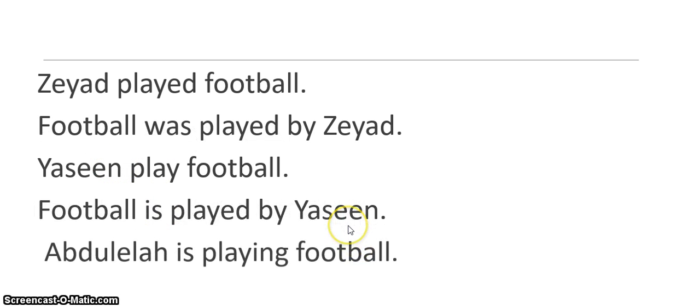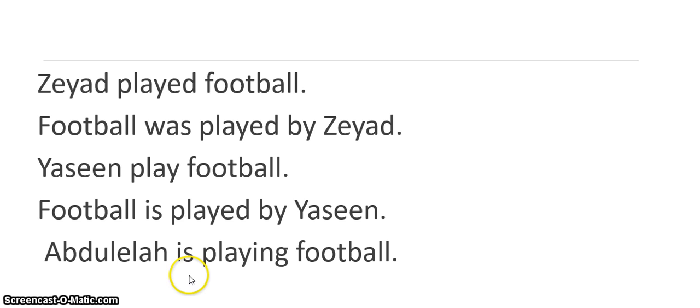Now check this example. Abdullah is playing football. Now this sentence is totally different. It is present continuous tense, is playing. Now how are we going to change this into a passive sentence? We will bring football at the beginning. Football, then is, and for the ing form, we use being.